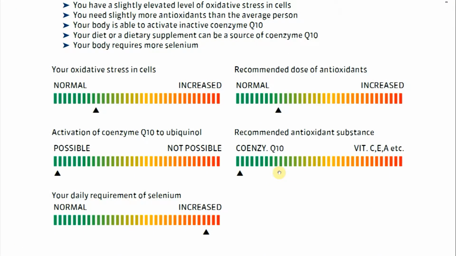All right, the next question, coenzyme Q10 and ubiquinol. This is a very interesting story. If you're into skin creams, you might have realized that some skin creams use coenzyme Q10 as a component, because coenzyme Q10 has the potential to be converted to ubiquinol.